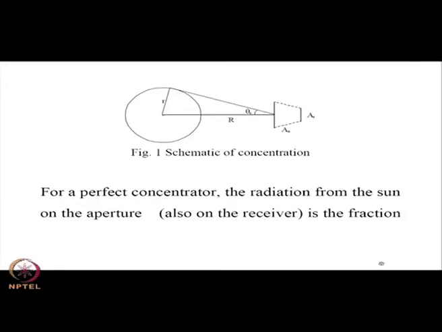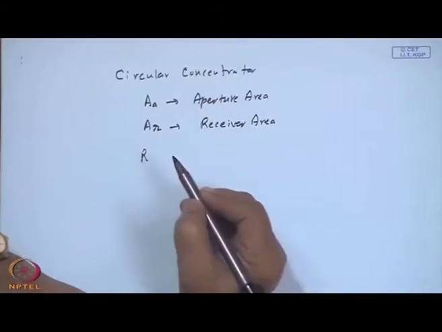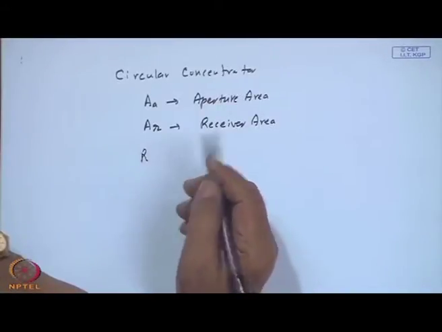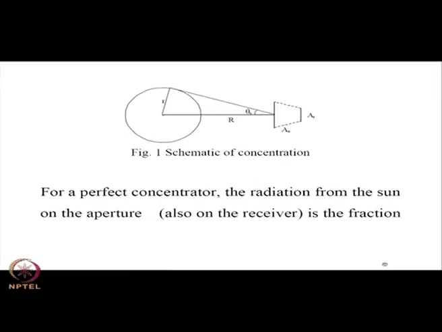That shows the sun at a distance of capital R from the earth and of radius small r, and the subtended half angle is theta s.